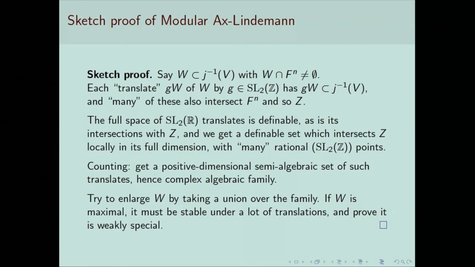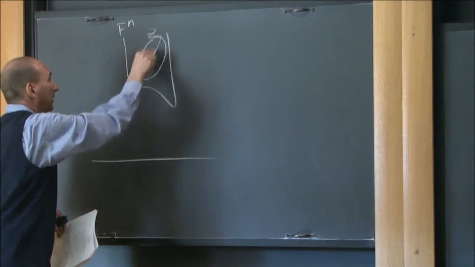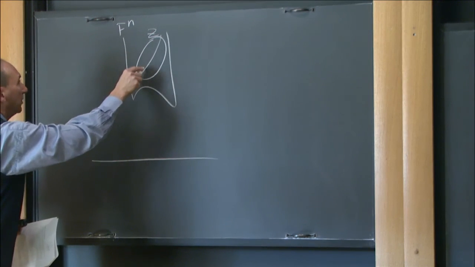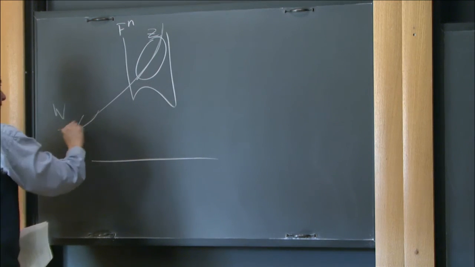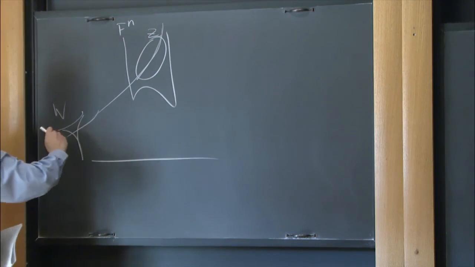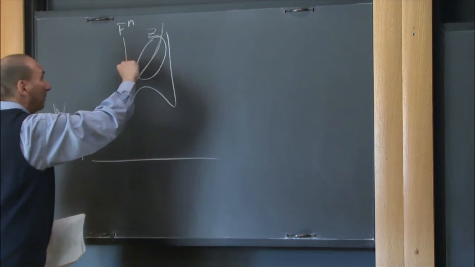So the way to think about this is that you've got, this is F to the n, and here we've got our subset Z, which of course continues, and W is inside there. But now if you continue this W, wherever it goes, if it goes through a fundamental domain here, then the back translate of this is back here and must be inside Z.